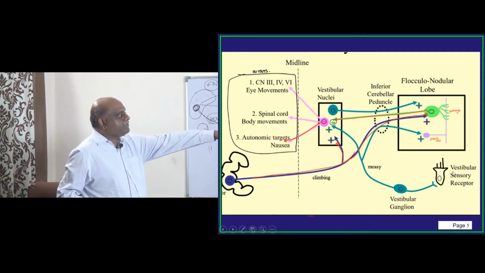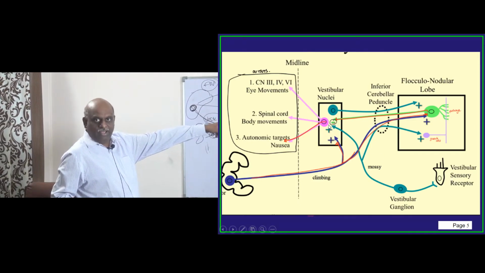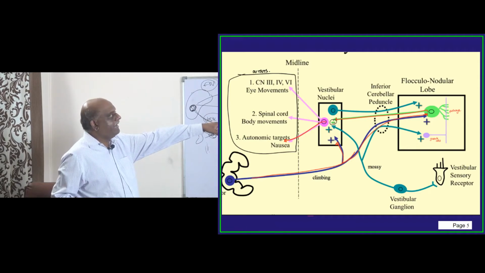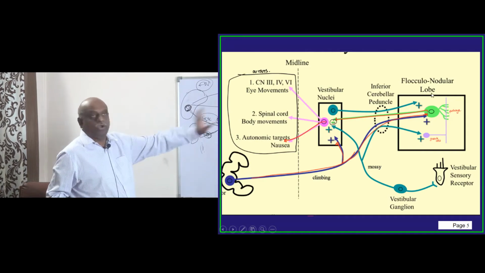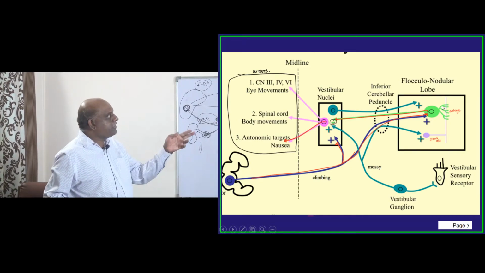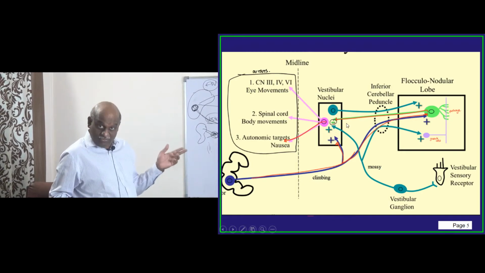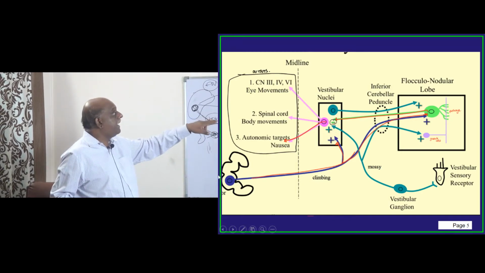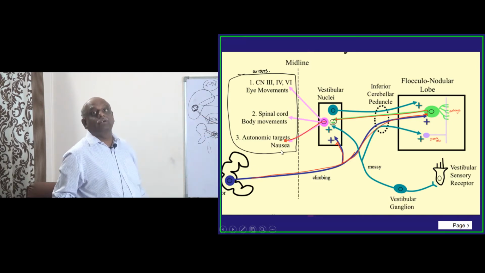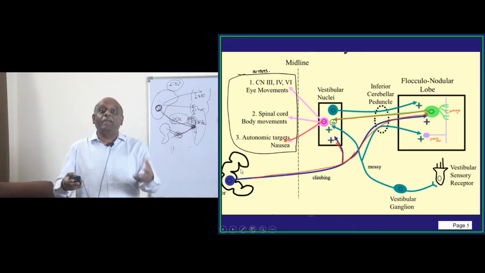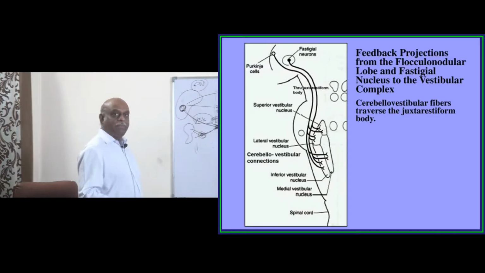Typically, their vestibular sensory receptors are telling the vestibular nuclei that they are moving in the car, and the vestibular nuclei tell the flocculonodular lobe. Flocculonodular lobe processes the information and tells it back to the vestibular nuclei. Vestibular nuclei have a relationship with the autonomic targets, and that leads to development of the nausea, which is the basis for the motion sickness, is what you have to ultimately remember.